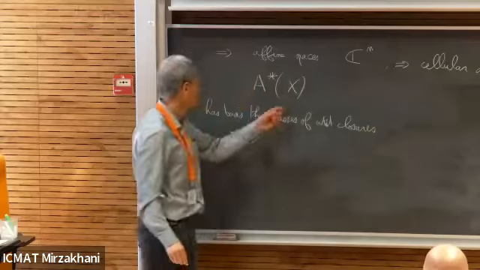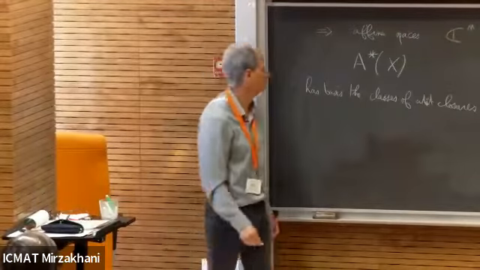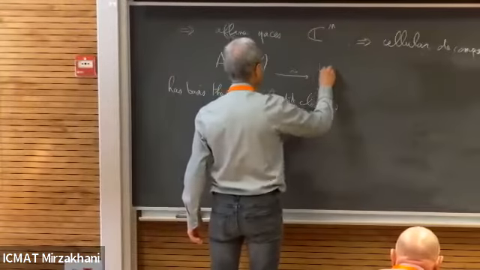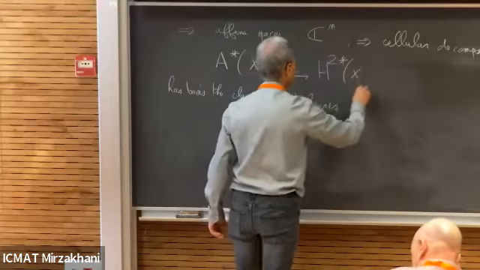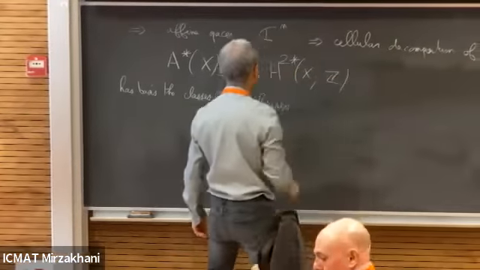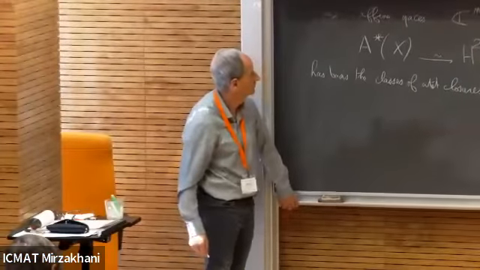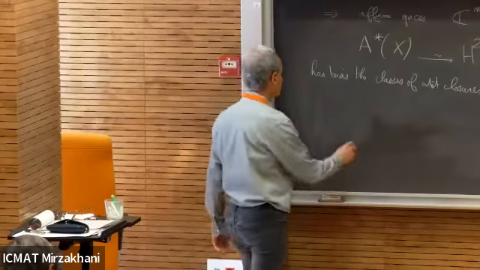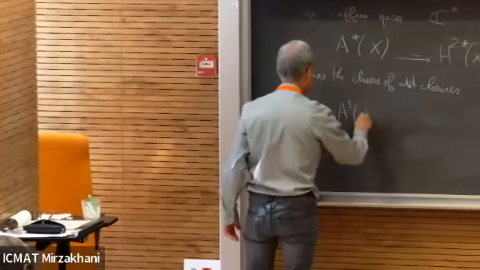The free abelian group generated by the classes of orbit closures, which are the Schubert cycles. And it's isomorphic to the cohomology ring, so degrees are doubled, thanks to the cycle map.